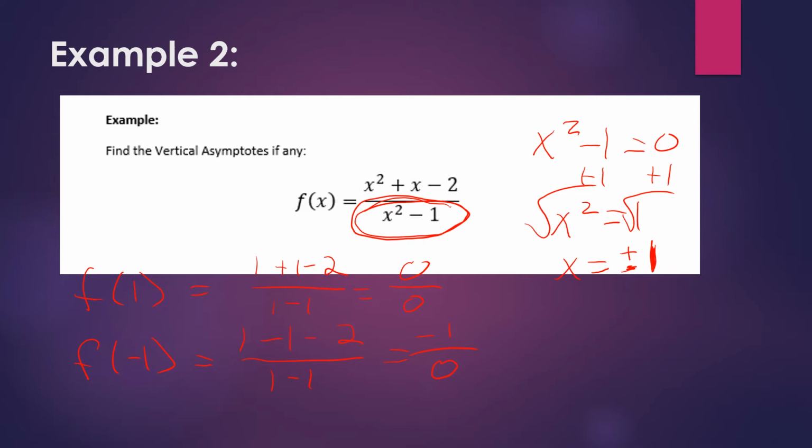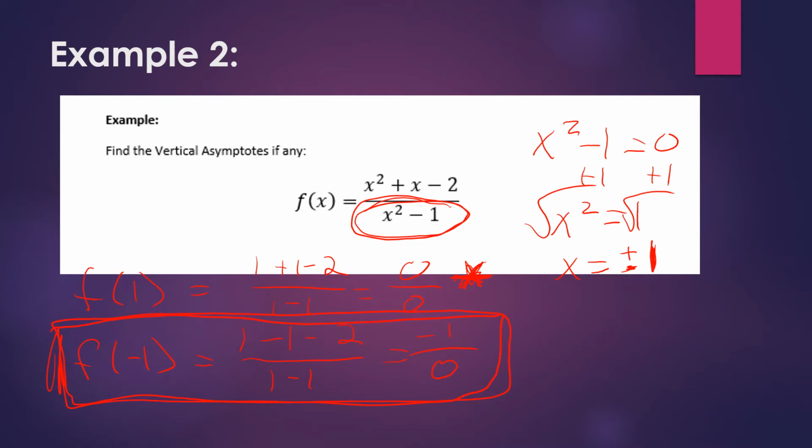So if we take a look, 0 over 0 means we're going to have some kind of cancellation. I'm going to take a look at this one in just a second. But if I look at f of negative 1, I get negative 1 over 0. So this is absolutely a vertical asymptote. I have a non-zero over 0.